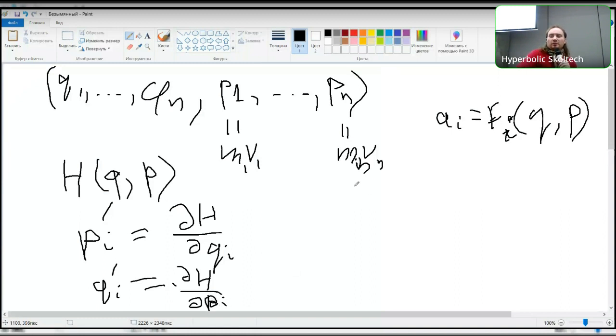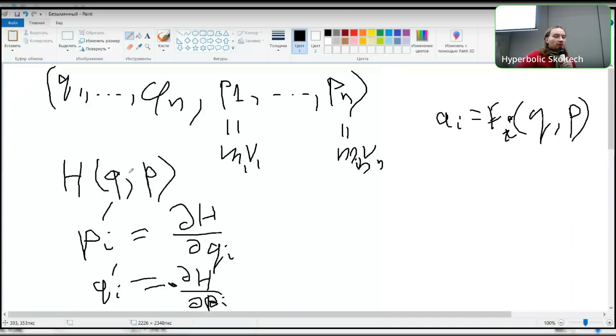Maybe I'm not correct, maybe I just misplaced the minus sign here, maybe it is here instead of here, but it doesn't matter for now. So this is so-called Hamiltonian mechanics, the Hamiltonian formulation of mechanics.